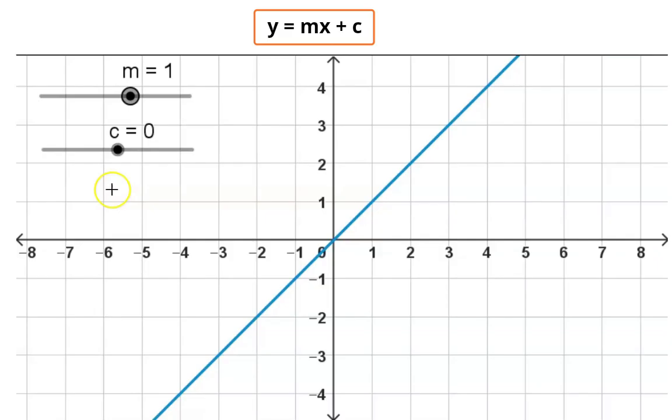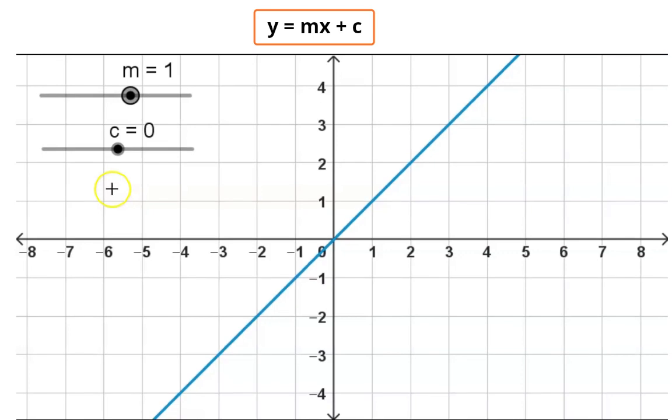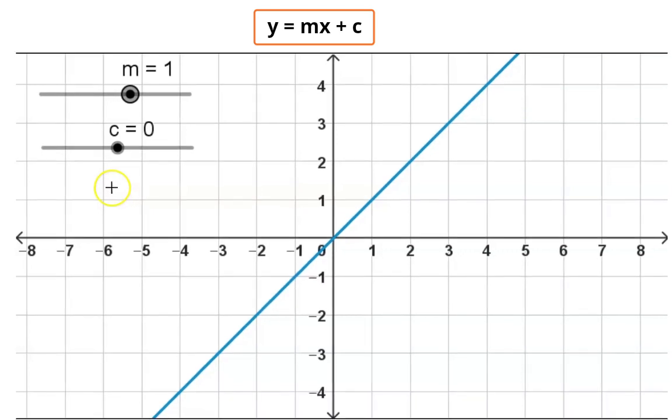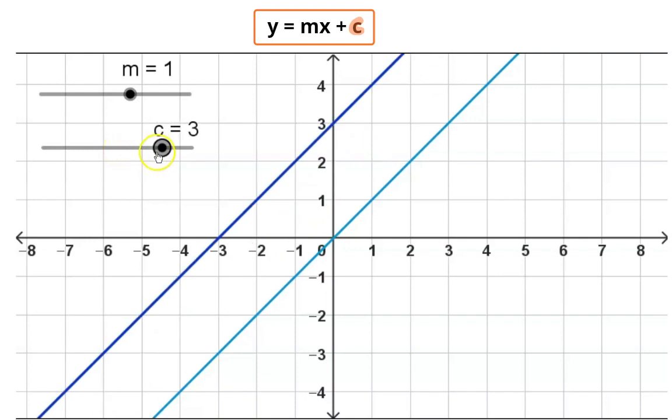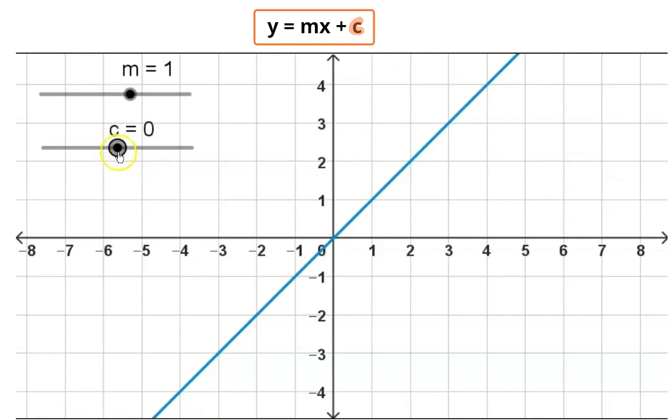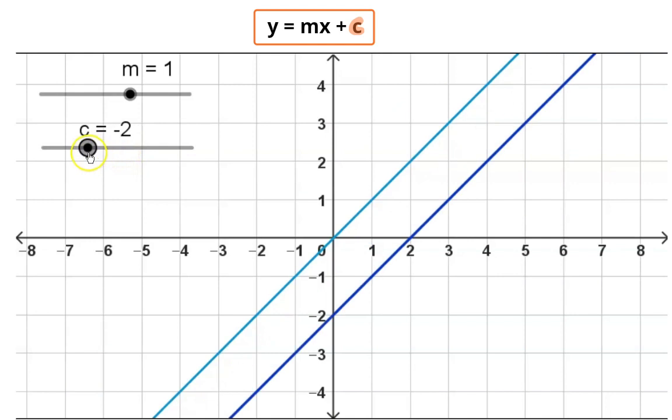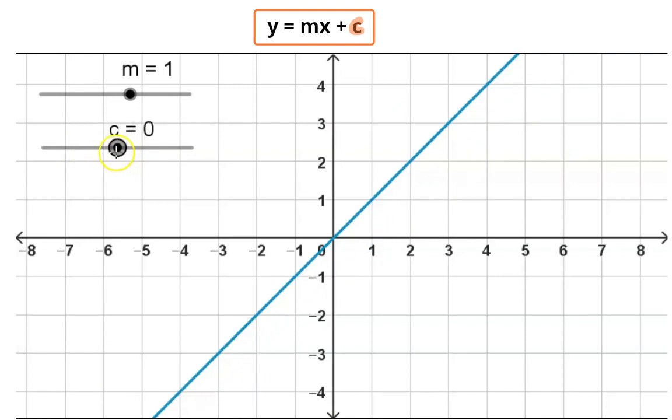Let's have a look at the influence of this m value on the straight line. We already know that the c value indicates the y-intercept, and making this value bigger will move this graph higher up. If the value is negative, the intersection will be lower on the y-axis. Next, let's have a look at the m value, which indicates the gradient.